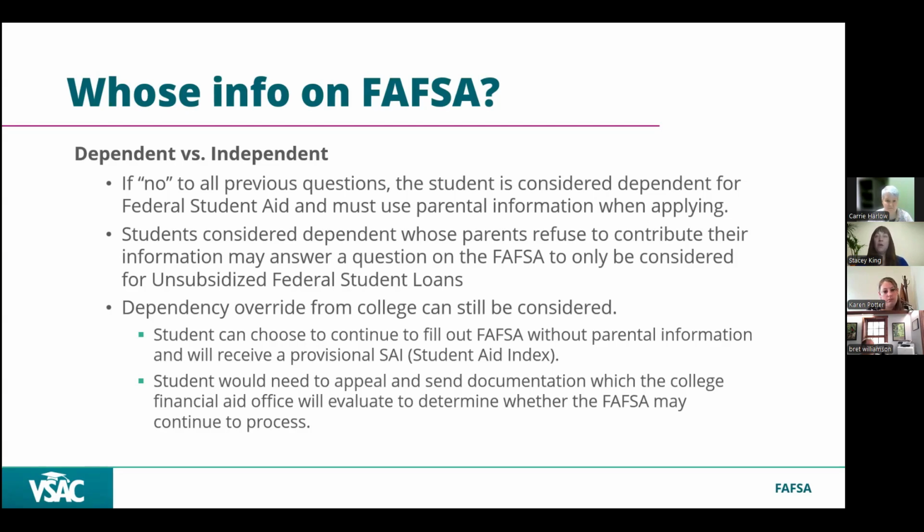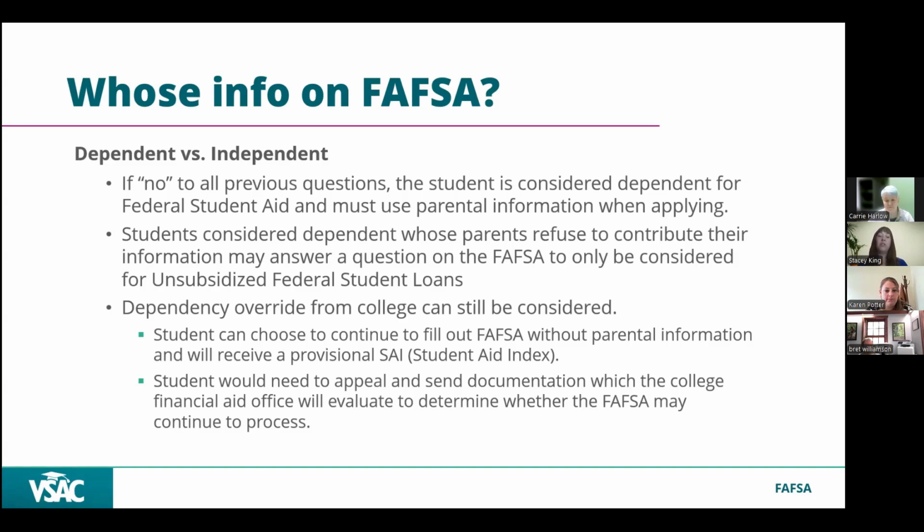And if those circumstances are all no's and the student is considered dependent, but there are other situations that are preventing parent contact or the ability to provide information, the student can work with the college financial aid administrator to ask for a dependency override. So they can fill out the FAFSA without their parent information.